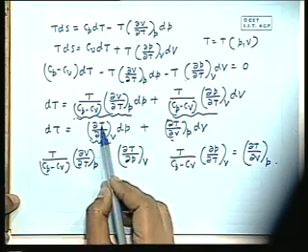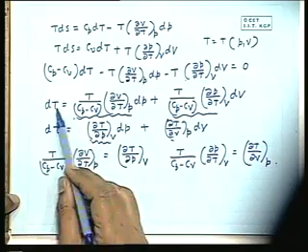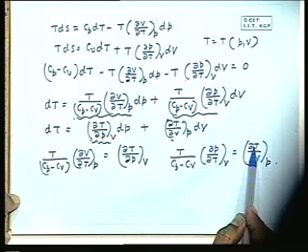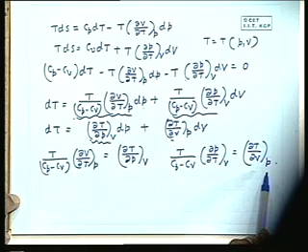This coefficient can be written as (∂T/∂P)_V, as if T is expressed in terms of P and V, and this coefficient can be written as (∂T/∂V)_P. Simple mathematics.